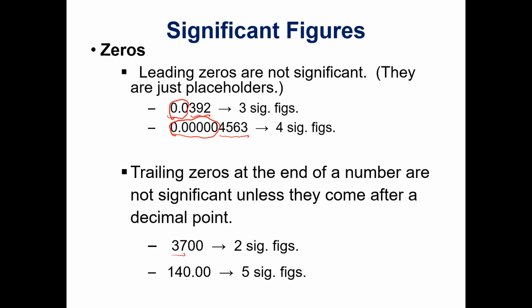If there is a decimal point, then the trailing zeros are considered significant. So 140.00 would have 5 significant figures because the 1, 4, 0, and the 2 zeros after the decimal are all considered significant.